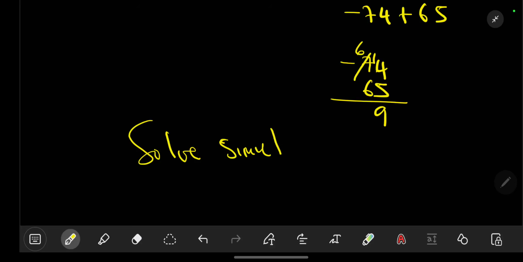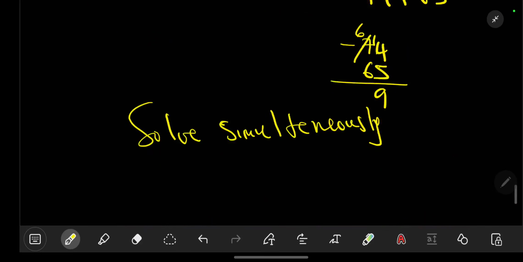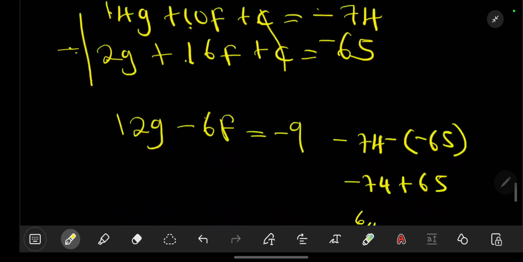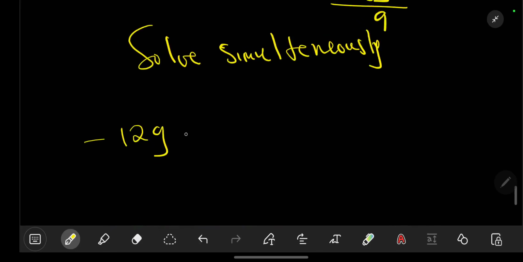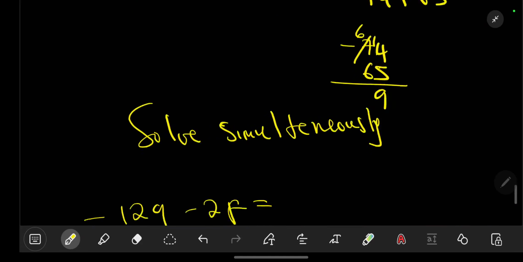So we are going to get the two equations and say we have a negative 12g minus our 2f should be equal to, we have a positive 57.